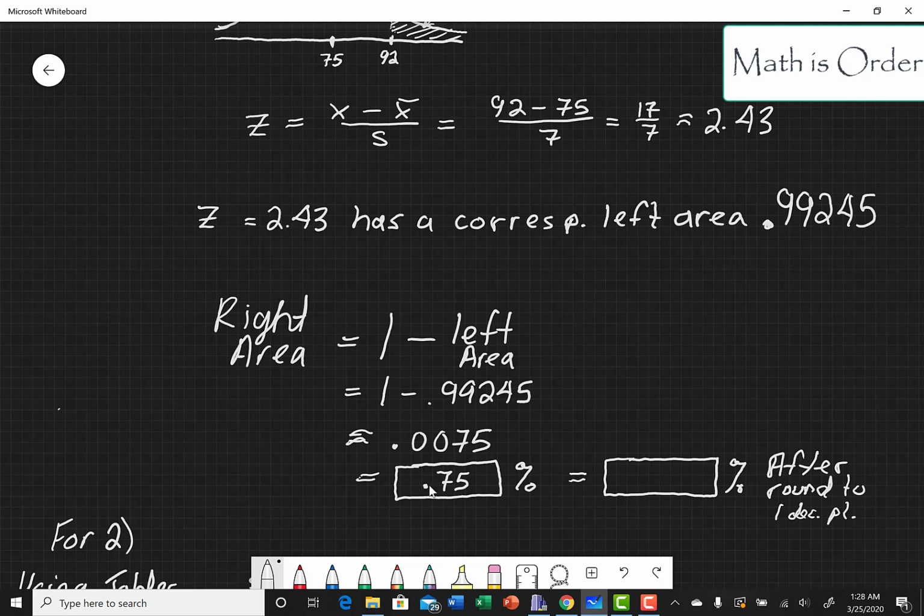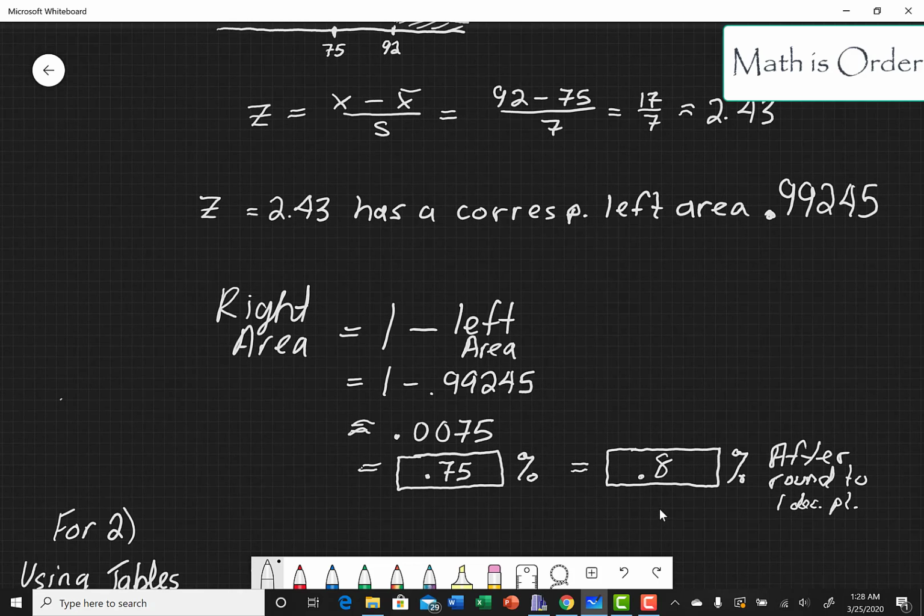So rounding this to 1 decimal place, I look at the tenths place, and I look to the right of the tenths place, and I see that this is 5 or more. So that means I move this 0.7 up 1. So the answer after rounding to 1 decimal place becomes 0.8, right?